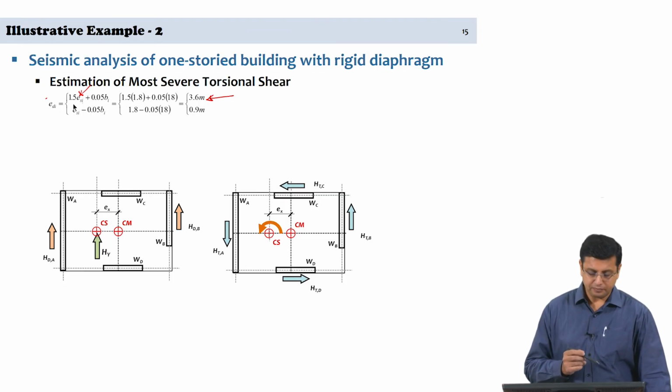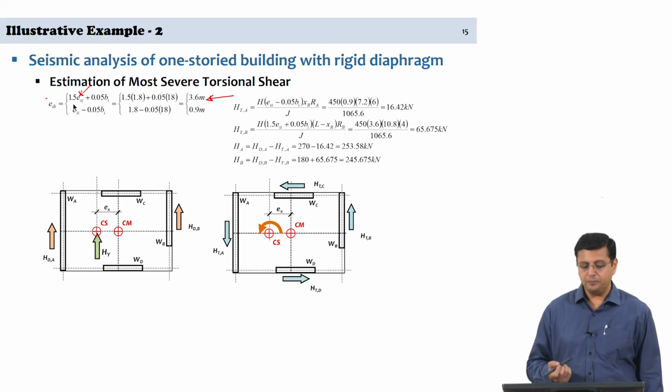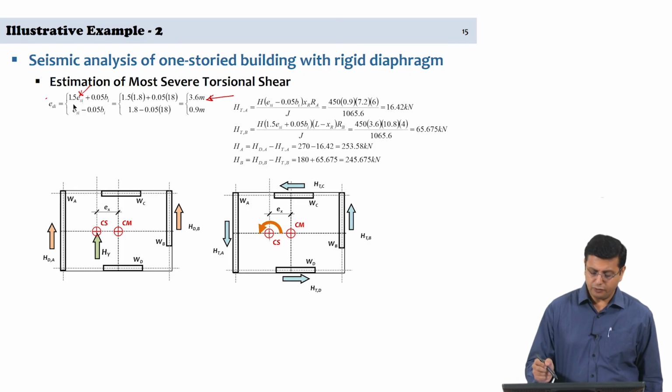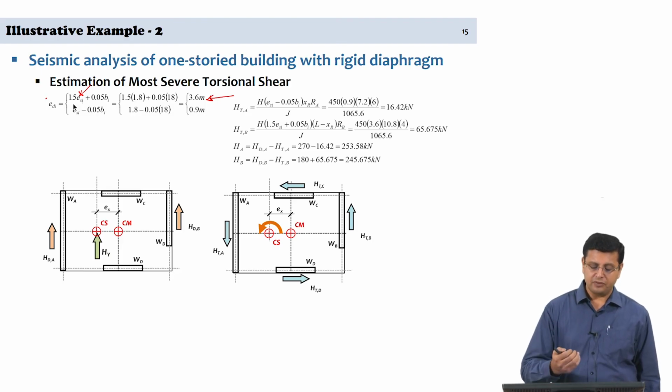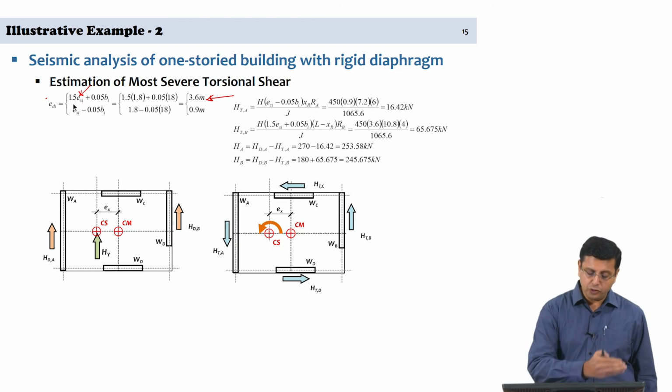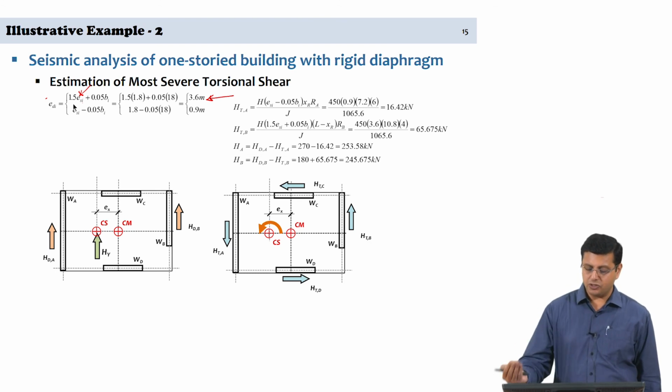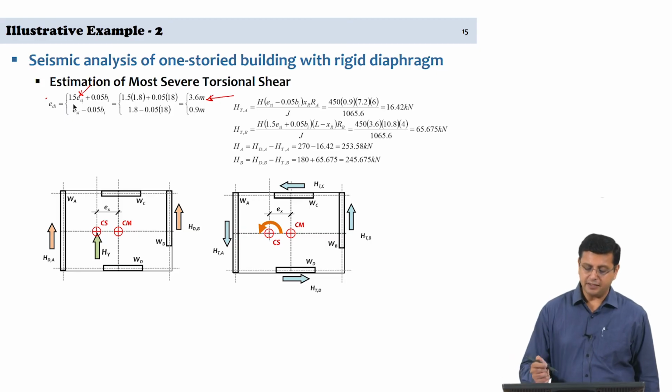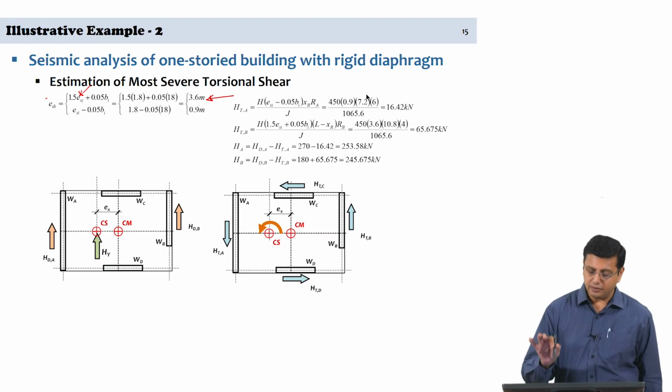With that, if you look at estimating HTA, the torsional shear on wall A, and torsional shear on wall B, if you remember, the torsional shear in wall A will reduce the total shear, whereas it will increase the total shear in wall B. With that in mind, we are going to use the least effect of eccentricity for wall A and add the maximum effect of eccentricity in wall B.